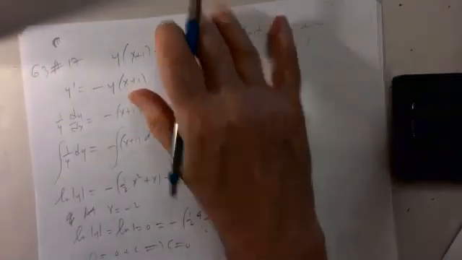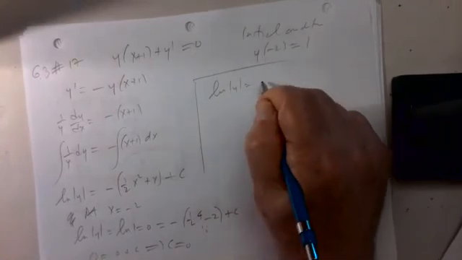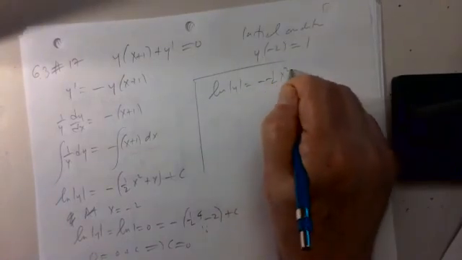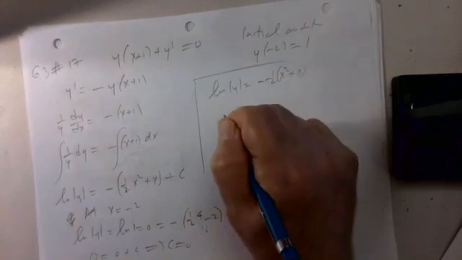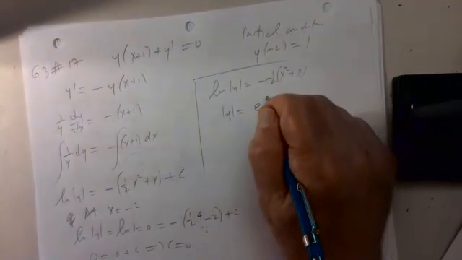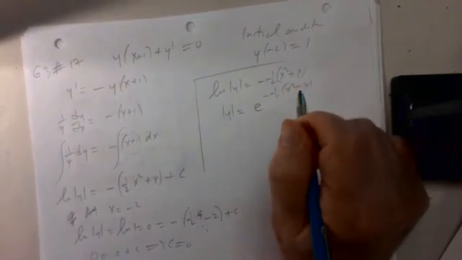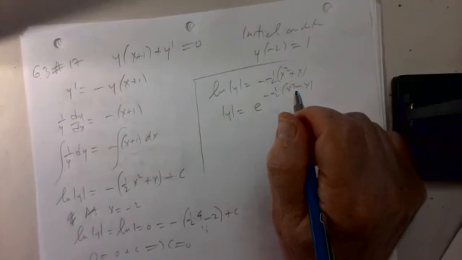So the log of y is minus 1/2 x squared plus x, or absolute value of y is e to the minus 1/2 x squared plus x. Let's see.